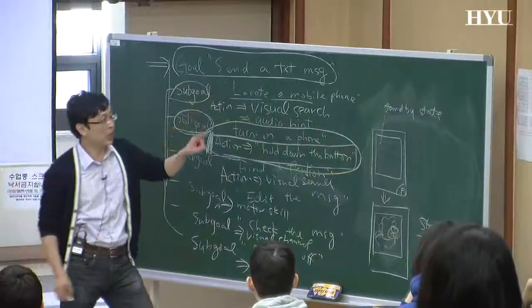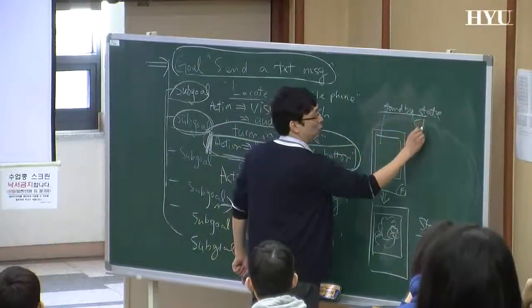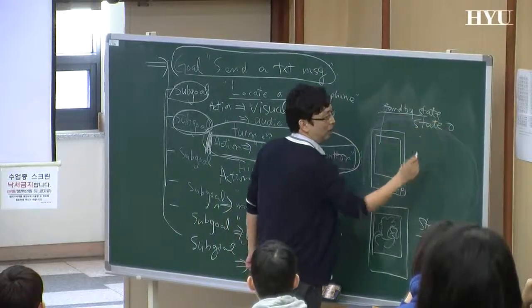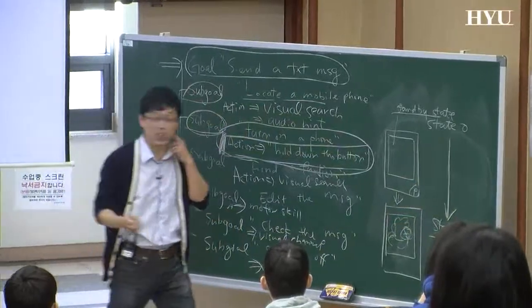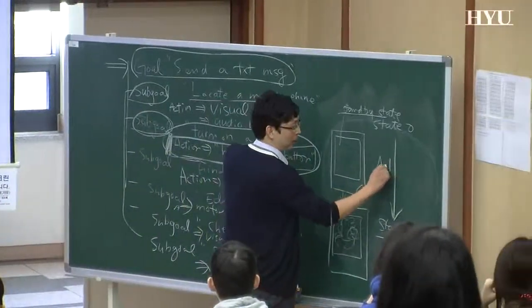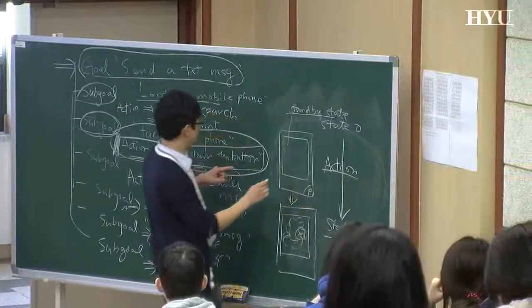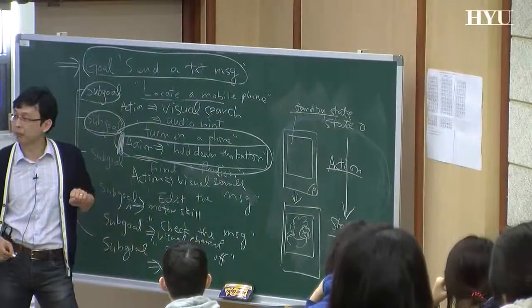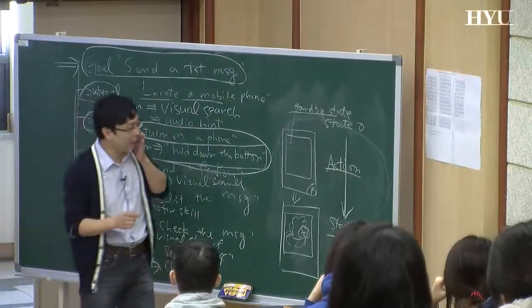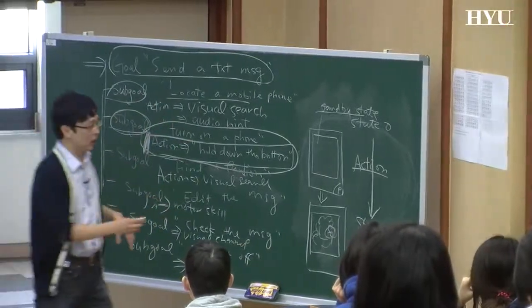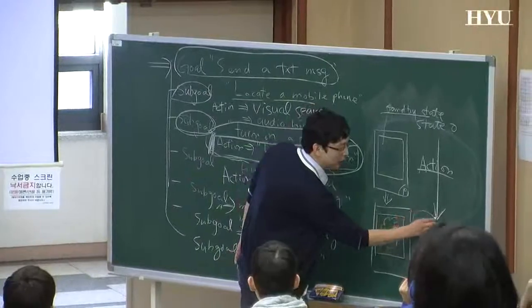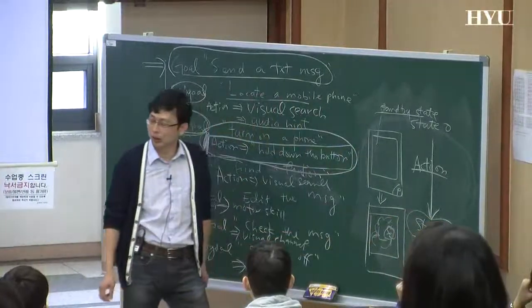From the standby state, we can call this one state 0. And then you can design a state 1 to move into by the action. The action is what? Hold down the button. And then what human beings do is evaluate this state 1.